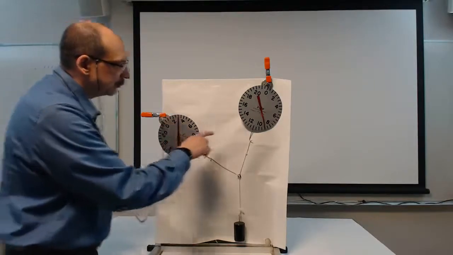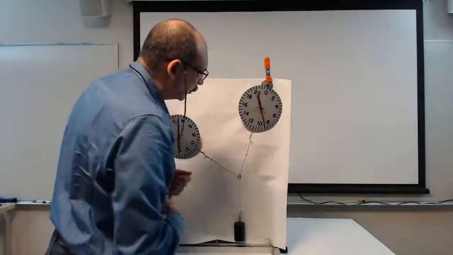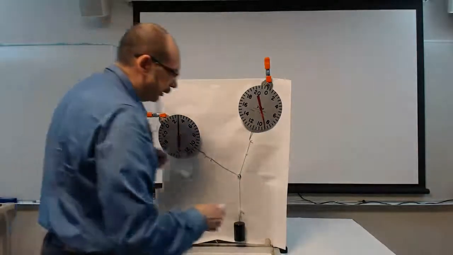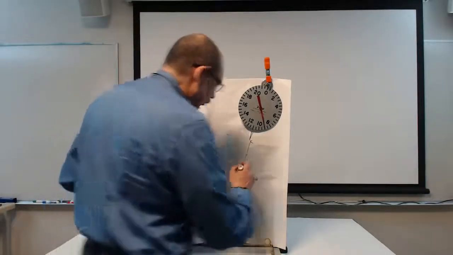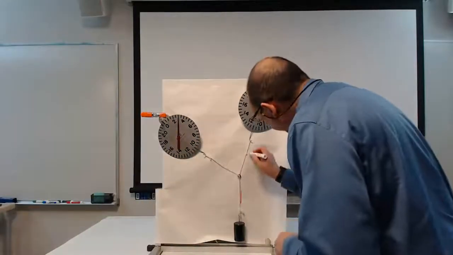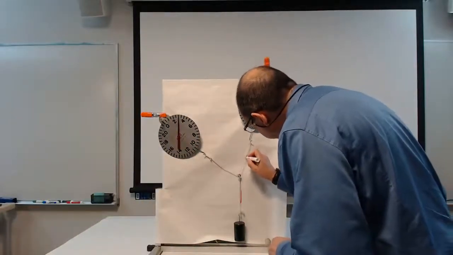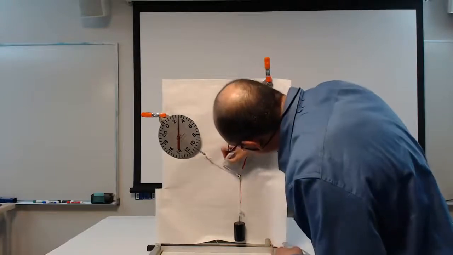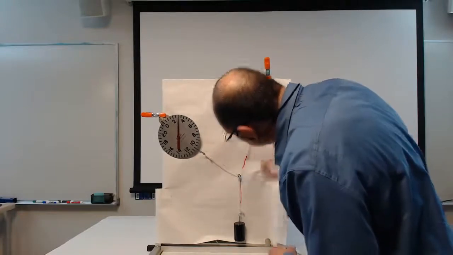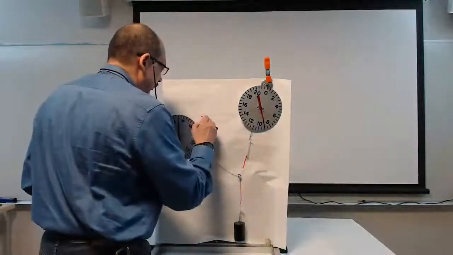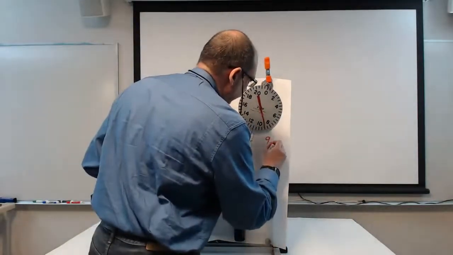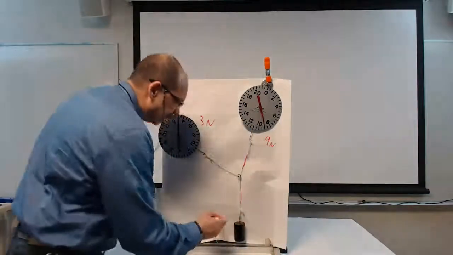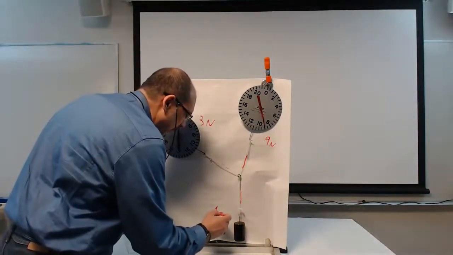3 newtons, 9 newtons. So all I need for now is just to draw these lines. So this is 3 newtons, 9 newtons, and this is a 1 kilogram weight.